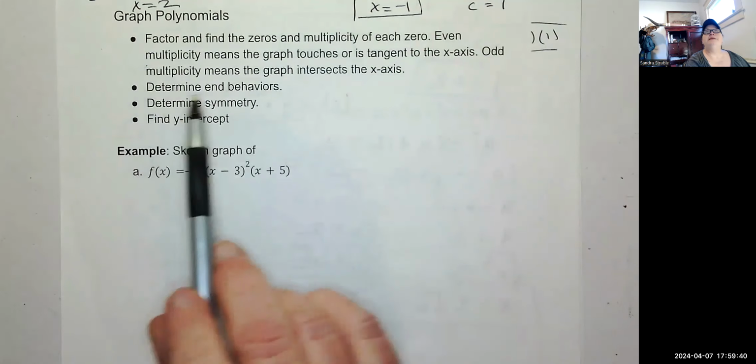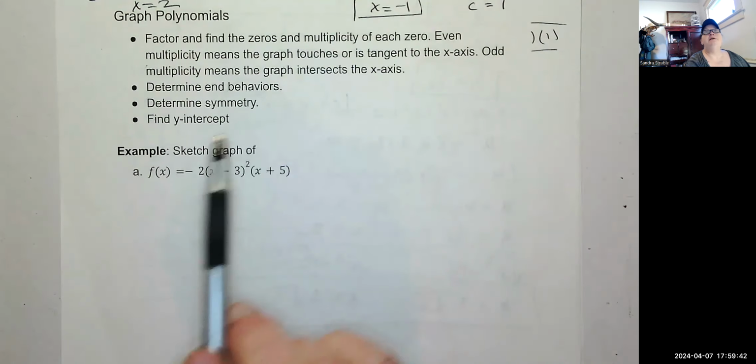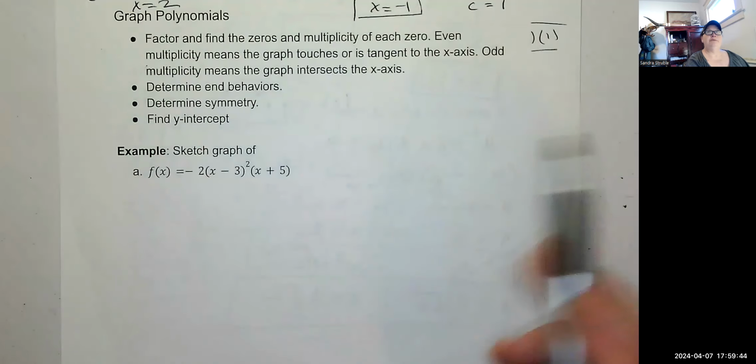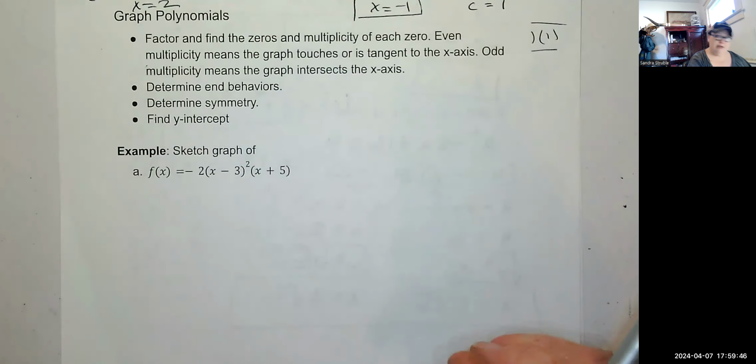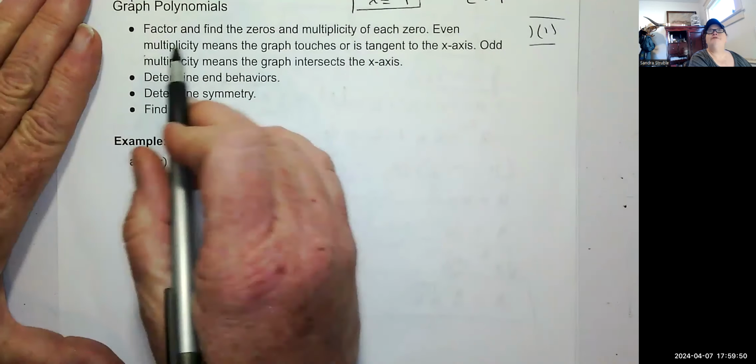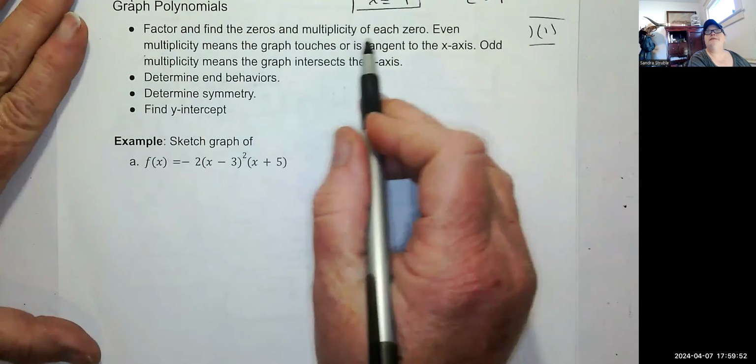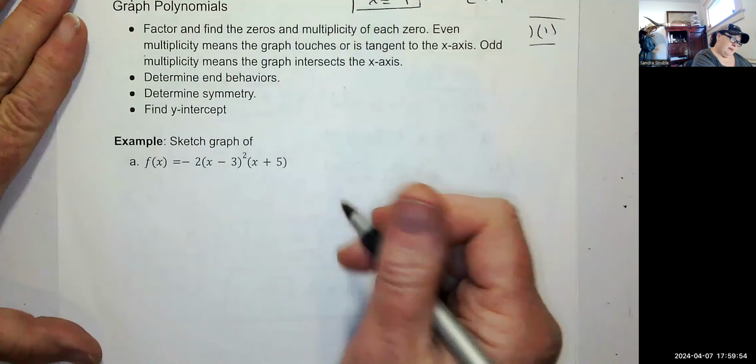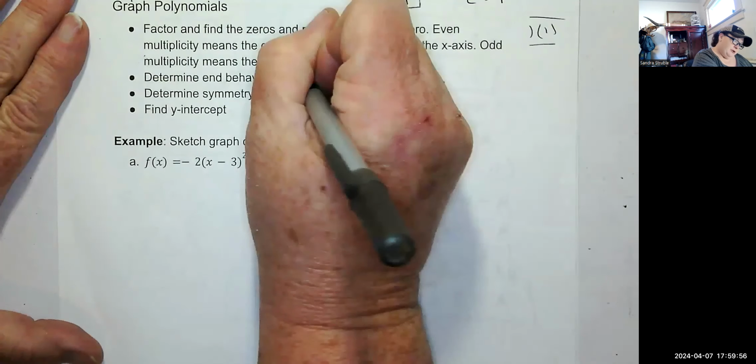All right, determine the end behaviors, determine symmetry, and then find the y-intercept. Okay, we've got some things to do here. I might need some more paper. So we're going to factor and find the zeros and multiplicity of each zero. First thing we're going to do, and I'm going to use some space up here.